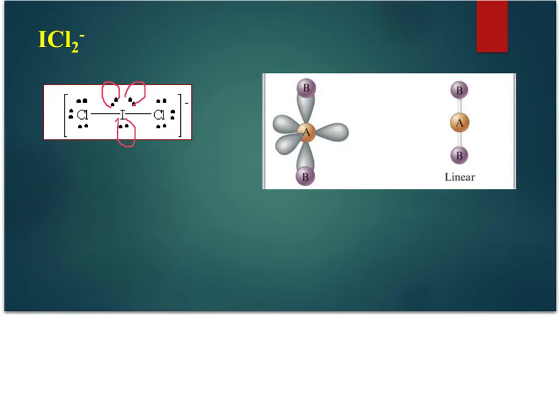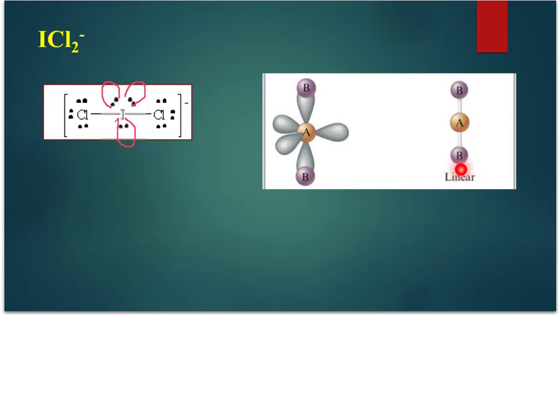So notice now, we have a total of 5 areas of electron density. So again, the electronic structure will be trigonal bipyramidal. But now, we only have axial areas of bonds.